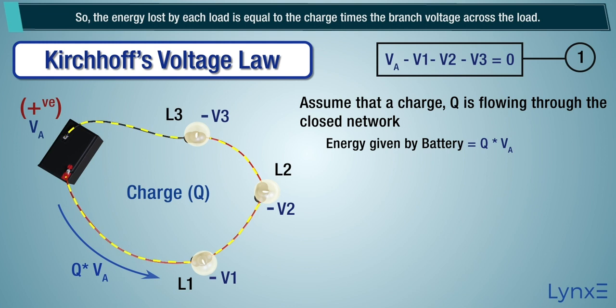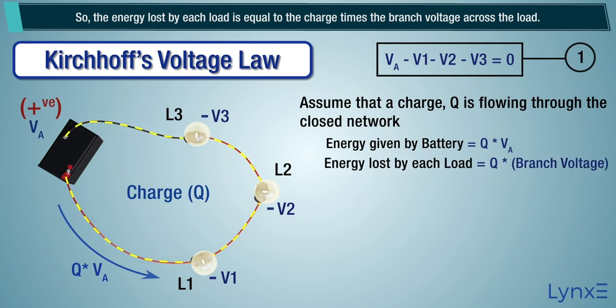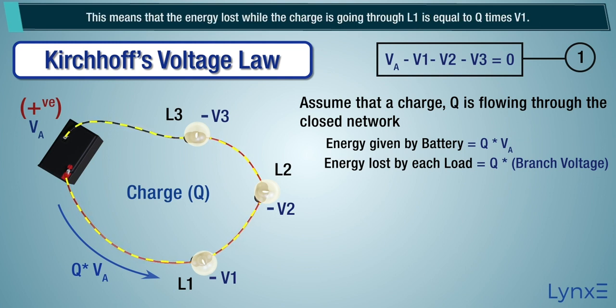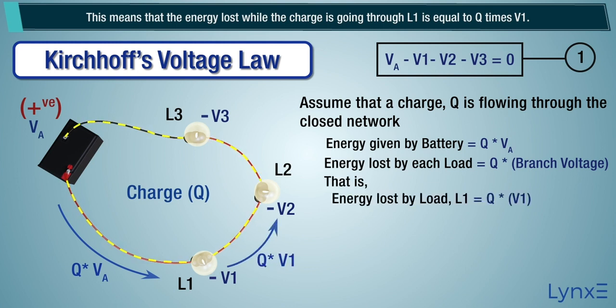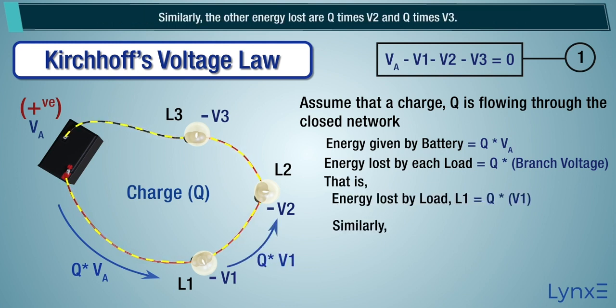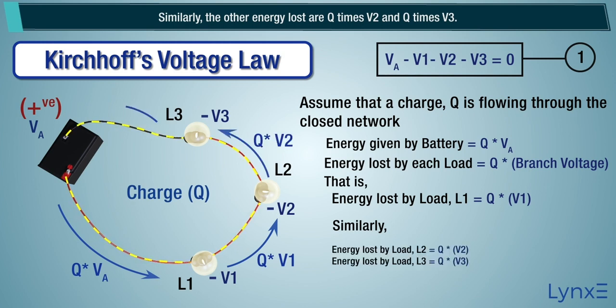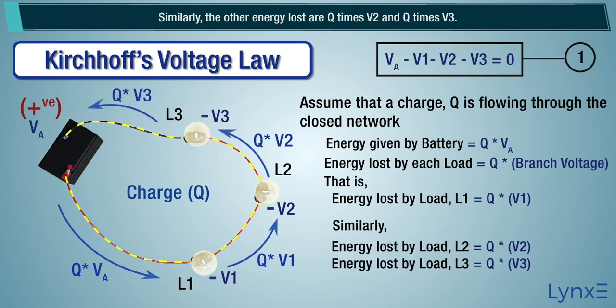So, the energy lost by each load is equal to the charge times the branch voltage across the load. This means that the energy lost while the charge is going through L1 is equal to Q times V1. Similarly, the other energy losses are Q times V2 and Q times V3.